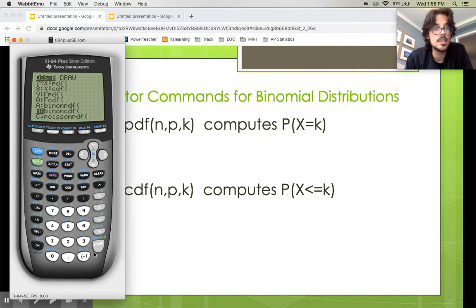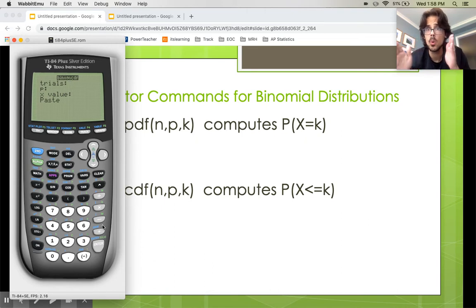Now, if I click on my CDF option right here, with normal CDF, you got to set a lower and an upper. So you just told it exactly what you wanted. If you have a fancier calculator like the TI Inspire, I believe you actually do have an option for a lower and an upper yourself. But on the TI-84s, you can't specify the lower and upper. All it does is it gives you an X value right here, and it assumes that you mean less than or equal to.